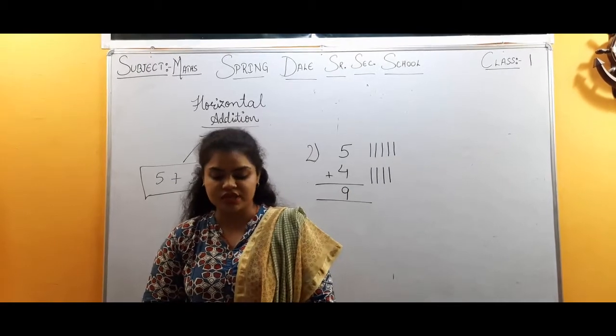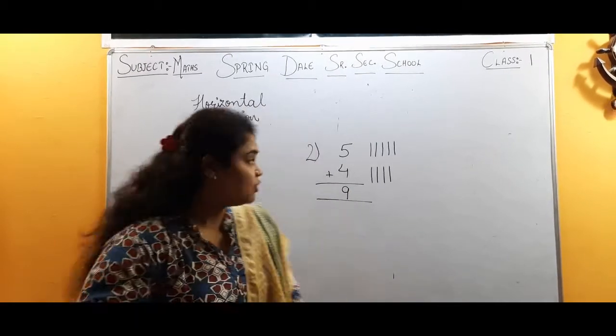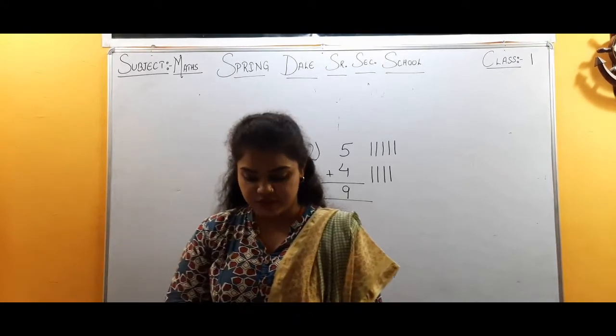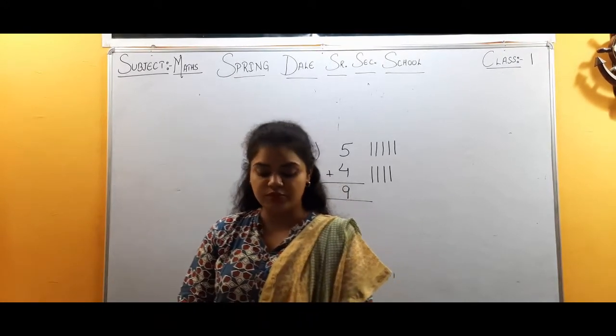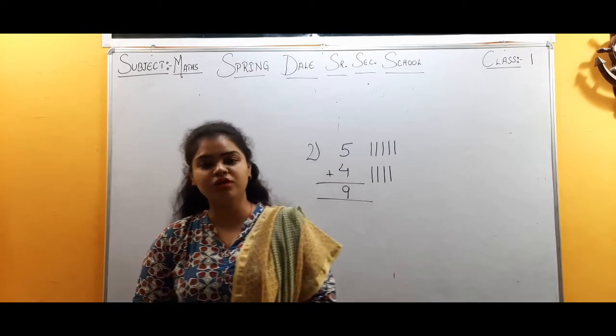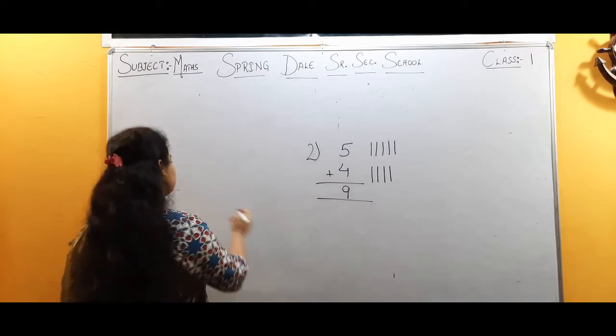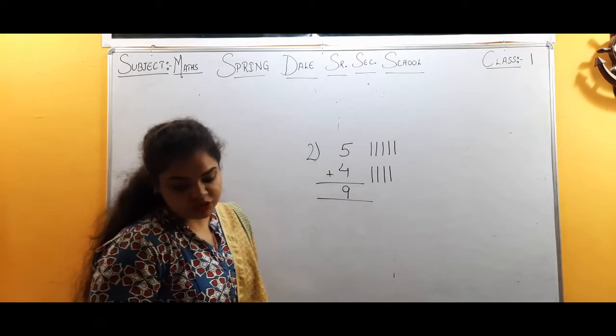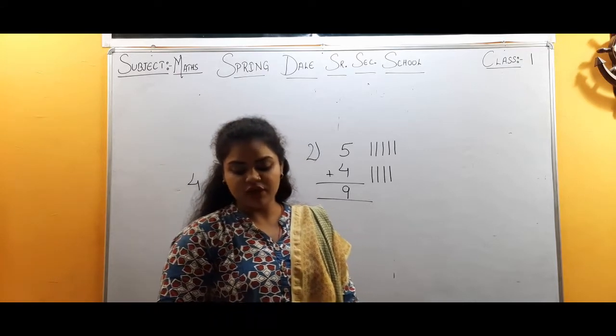4 children were swimming in a pool. Now at first, which number is given to us? 4. Looking at the first question, we have 4 children were swimming in a pool. Now how many children were swimming in a pool? That were 4 children. Okay. Next we have one more child dived into the pool.